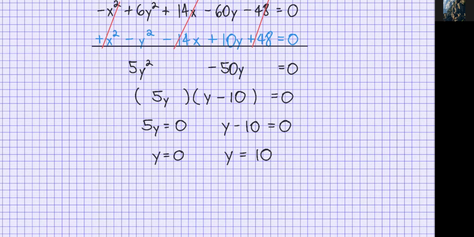So if you see, I have already gotten 2 of the coordinates for the variable y. Now, in the same way as before, it's just a matter of substituting either of these values in either of these equations to get the other values of x.